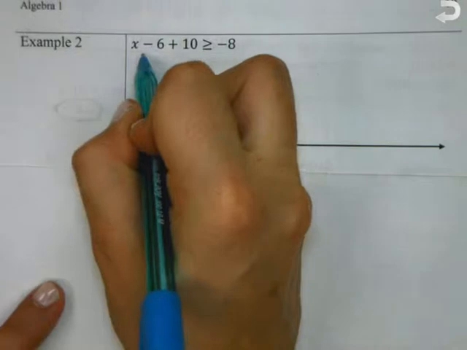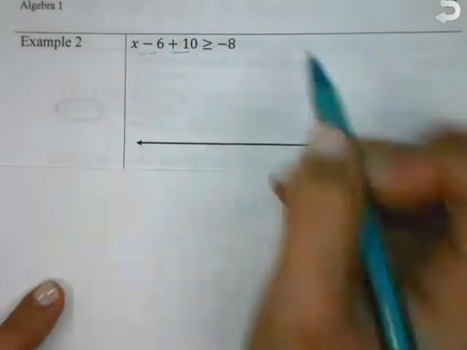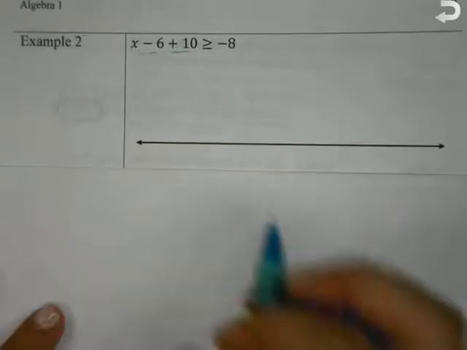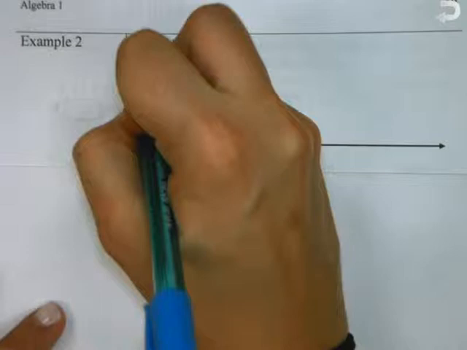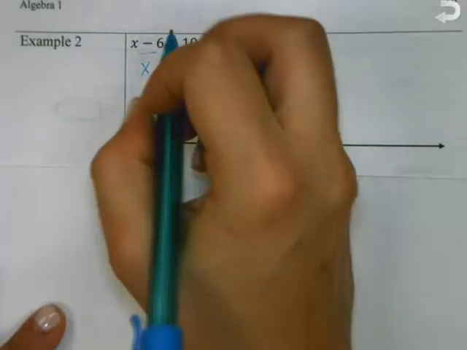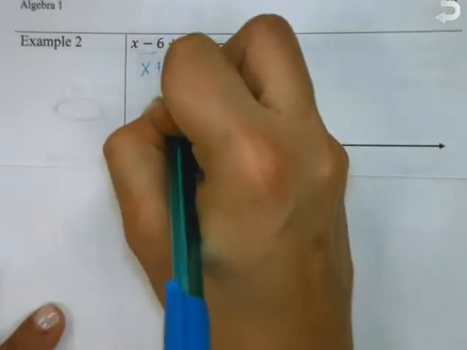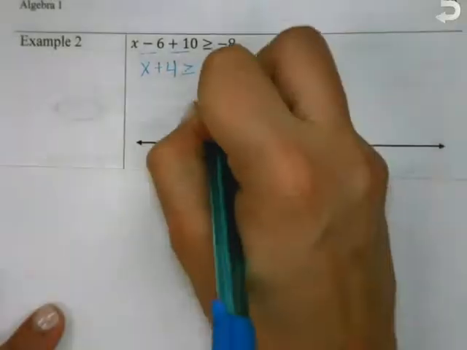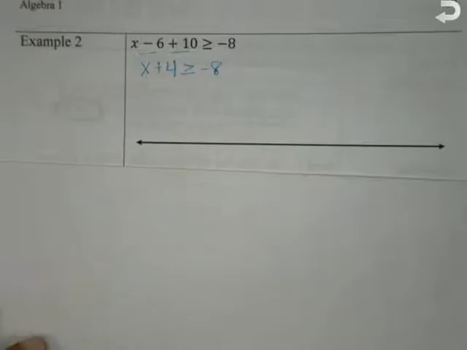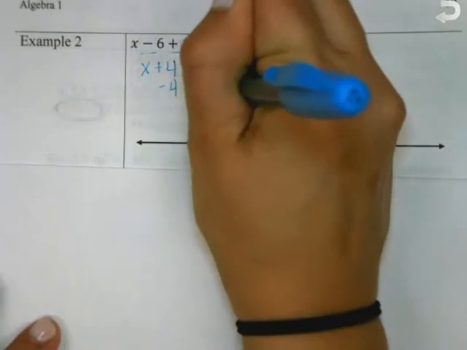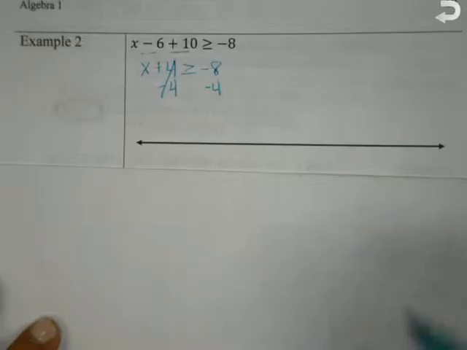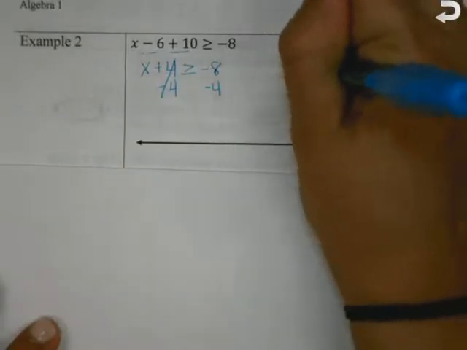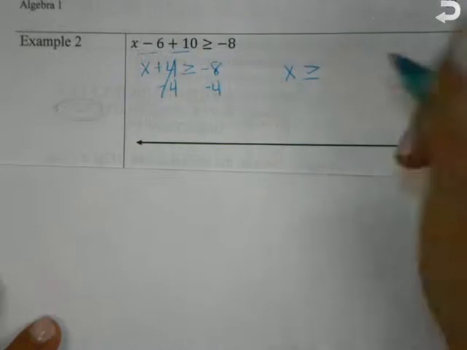Perfect. We can add negative 6 and 10, which is called combining like terms. So this is going to be x plus 4, greater than or equal to negative 8. And then to solve for x, subtract 4 from both sides. And I get x greater than or equal to negative 12.